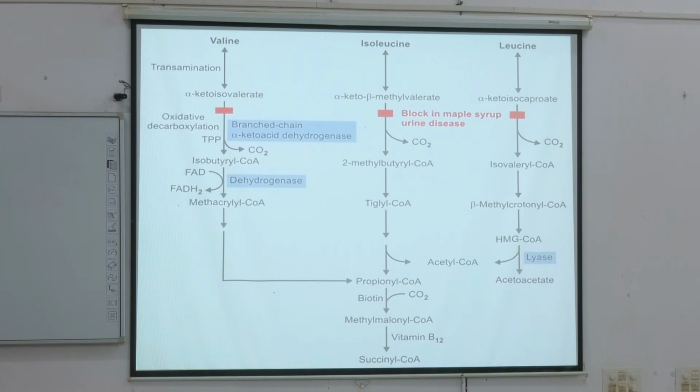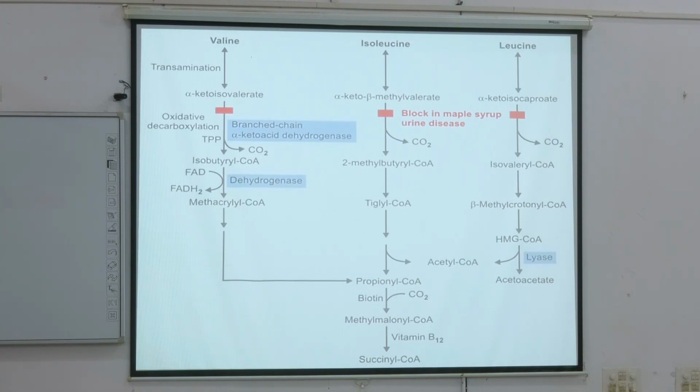Okay, and then in the next step it forms isobutyryl CoA, 2-methylbutyryl CoA, isovaleryl CoA by the reaction of oxidative decarboxylation. Okay, which is a branched chain alpha keto acid dehydrogenase dependent enzyme. It is a TPP dependent alpha keto acid dehydrogenase enzyme.